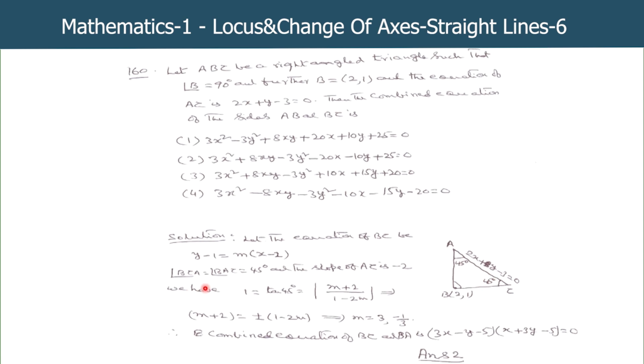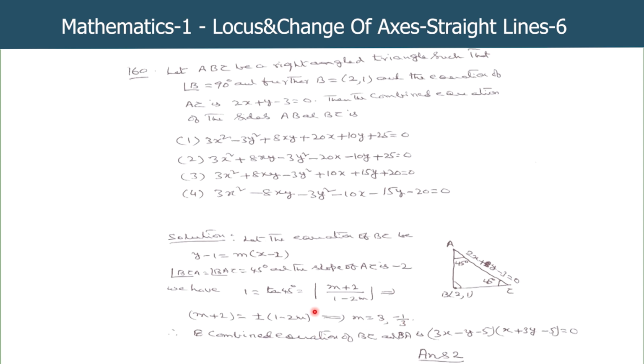So, angle ABC is equal to angle BAC is equal to 45, slope of AC is minus 2. So, therefore, 1 is equal to tan 45 is equal to modulus of (m plus 2) by (1 minus 2m). So, m plus 2 is equal to plus or minus (1 minus 2m). So, the slope m is equal to 3 or minus 1 by 3.